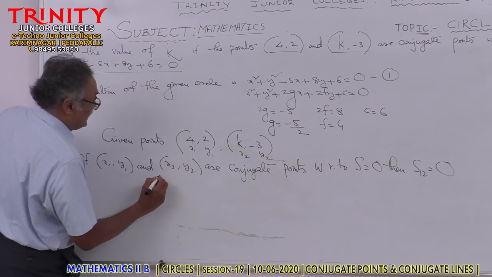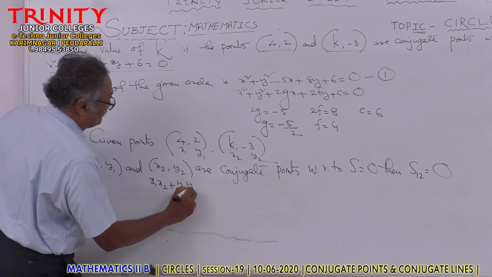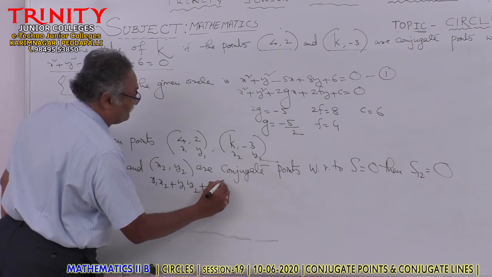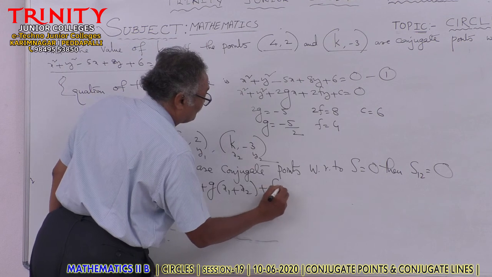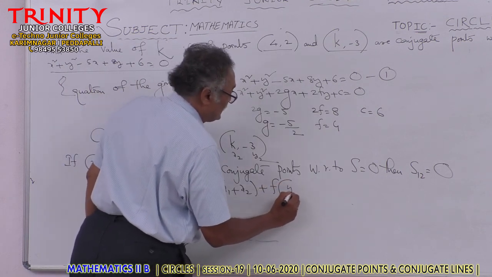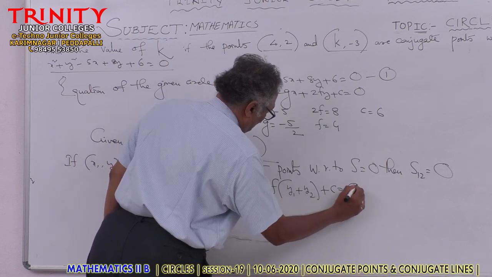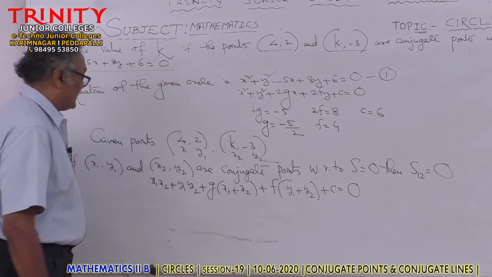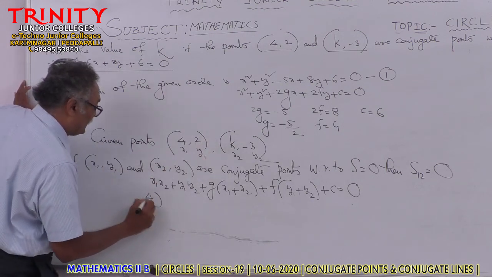That is x1 x2 plus y1 y2 plus g of x1 plus x2 plus f of y1 plus y2 plus c is equal to 0.